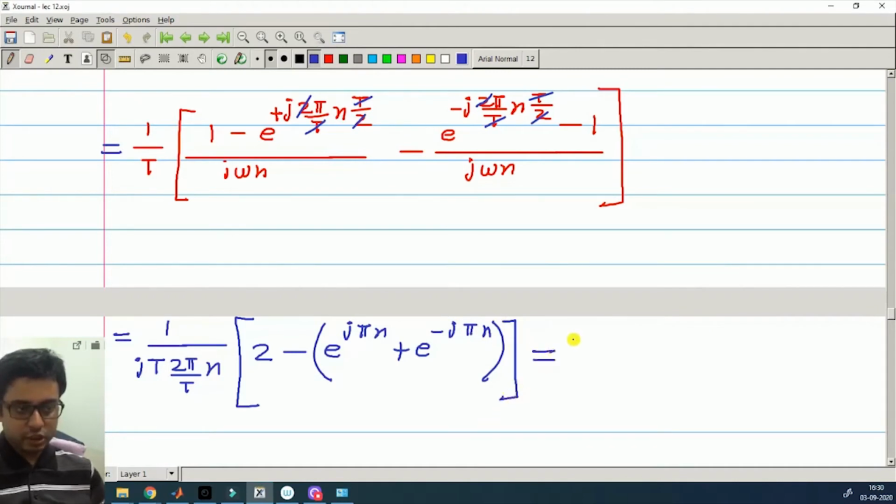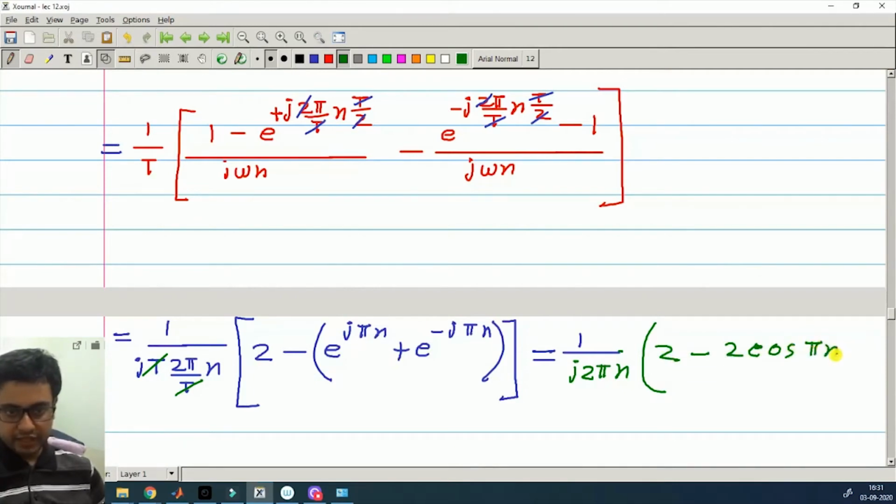Now this is equal to 1 over this T goes away, we have j 2 pi n, and here we have 2, and this is nothing but 2 cosine pi n.